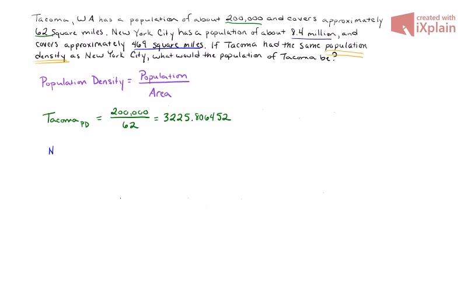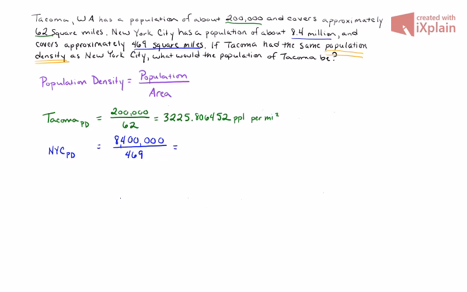So for New York City, population density, we know that they have 8.4 million, so that's 8,400,000 in standard form. And they're on a parcel of land that is 469 square miles. Before I go any further, I want to say that that's people per square mile. Those are the units.